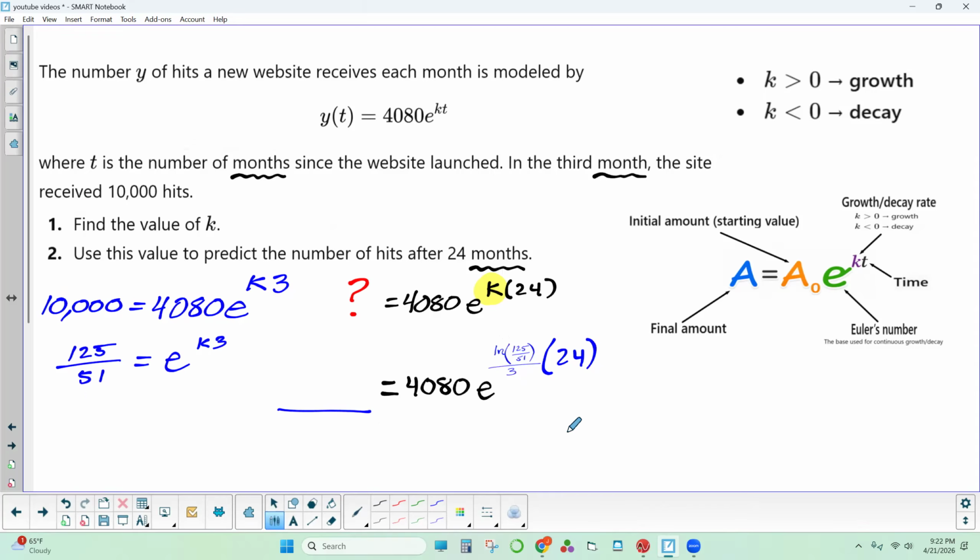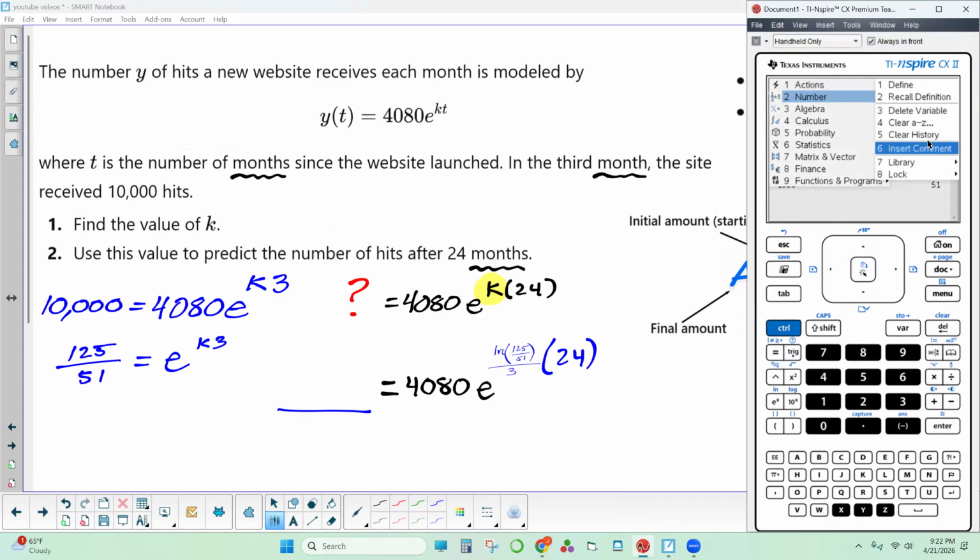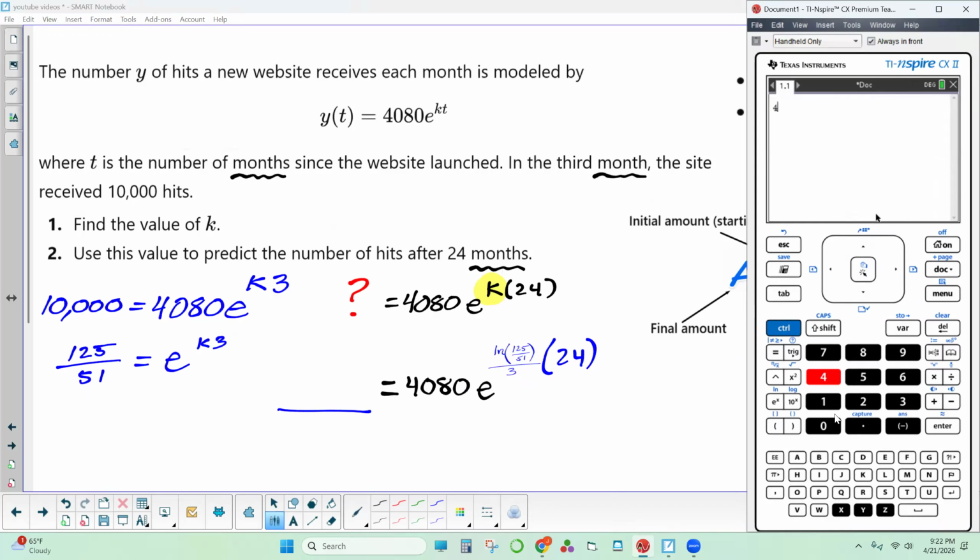All right, so I'm going to put that in my calculator. We have 4,080 times e raised to the, and we've got a fraction here: natural log of 125 over 51, over 3, times 24. Let me double check that I inputted everything in the calculator correctly.